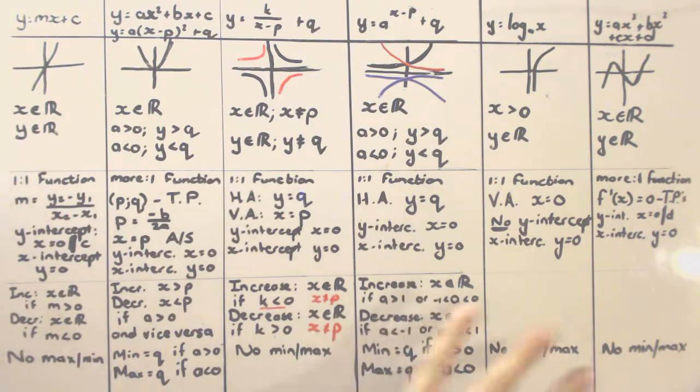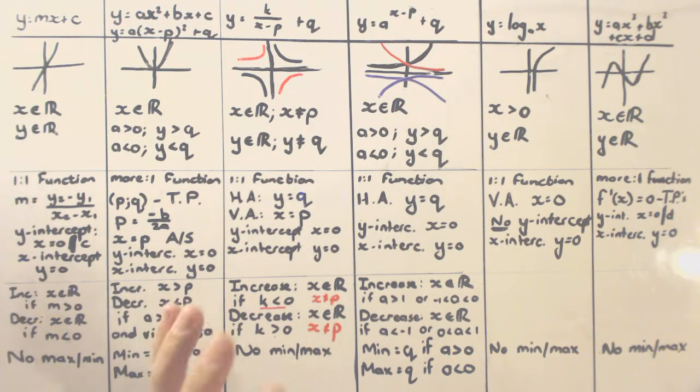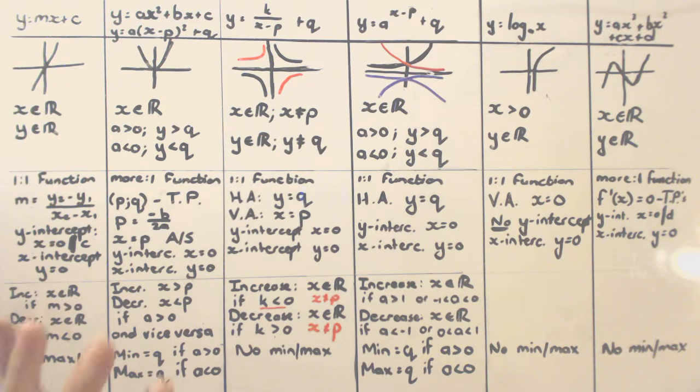If you are able to write all of this out of your head and you are able to explain to somebody else how a graph moves up and down, how it moves sideways, it really helps your understanding of functions. And functions, in my opinion, is the most important chapter in high school maths.